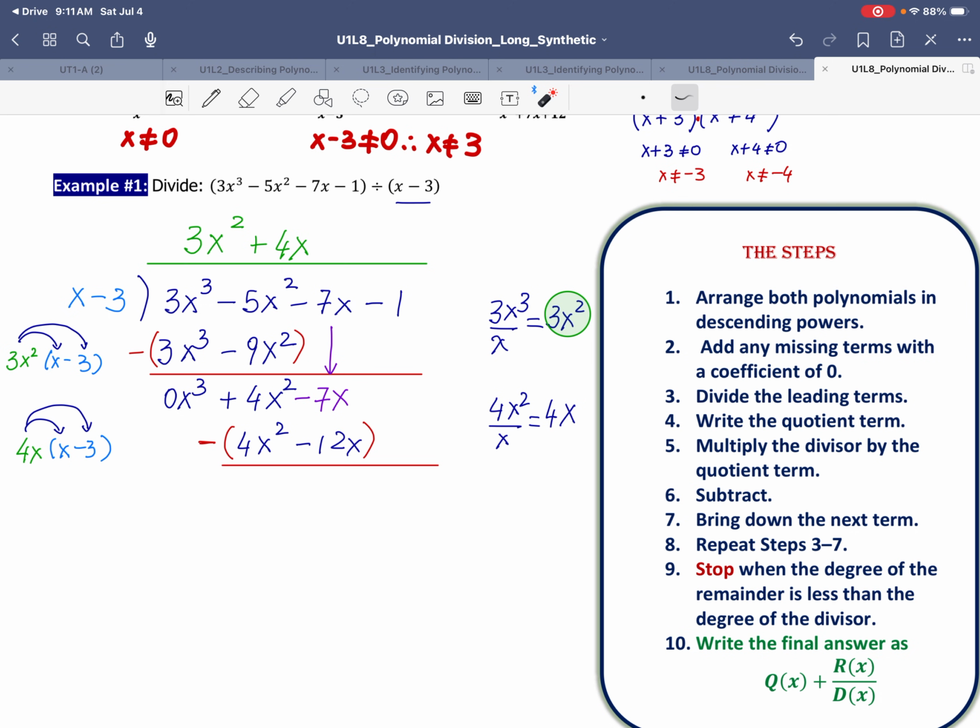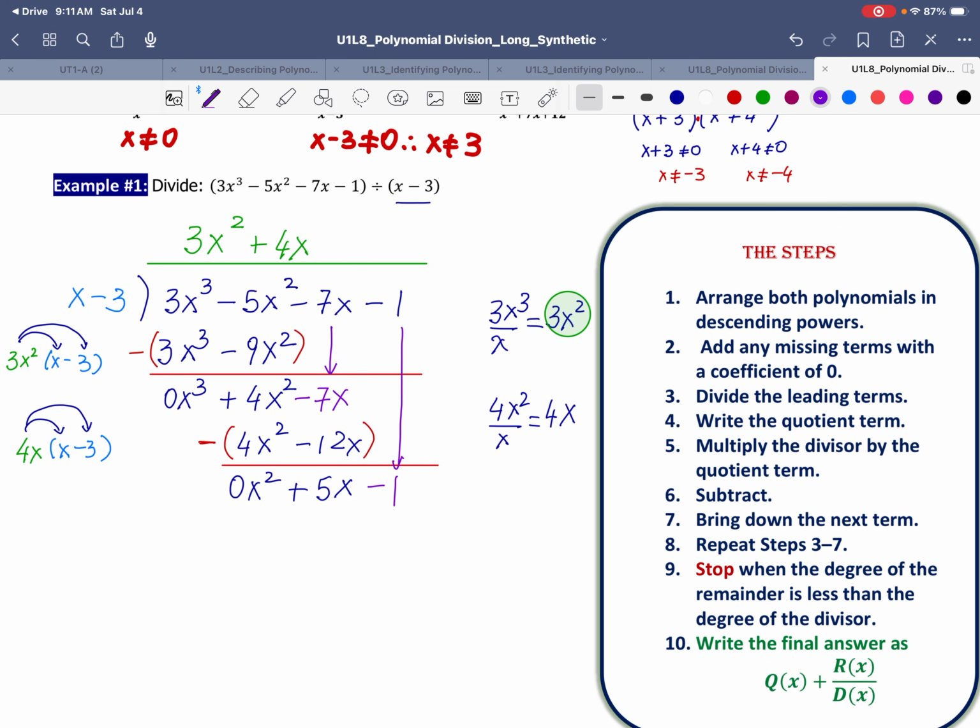Now, as you can see, we have 4x squared minus positive 4x squared, that's 0x squared. And negative 7x subtract negative 12x is like negative 7x plus 12x. That is 5x. We're going to bring down our next term, which is negative 1.